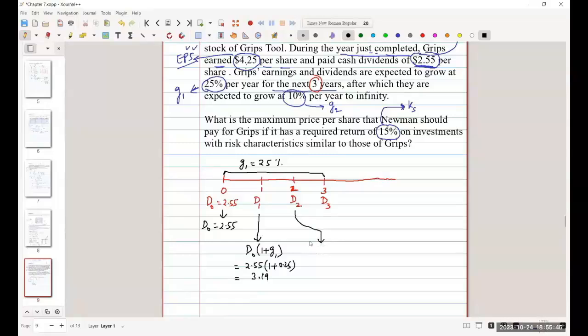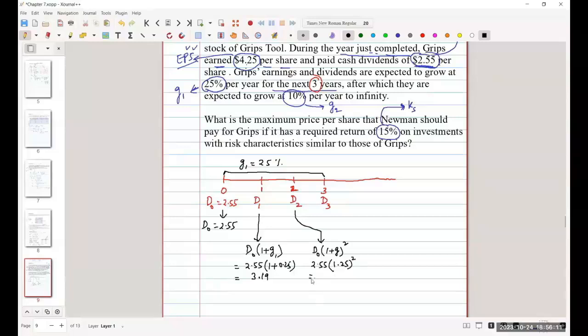D2 can be found in two ways, and you can try both. I'm doing D0 into 1 plus G to the power 2, which will be 2.55 times 1.25 to the power 2. We'll have some value here.